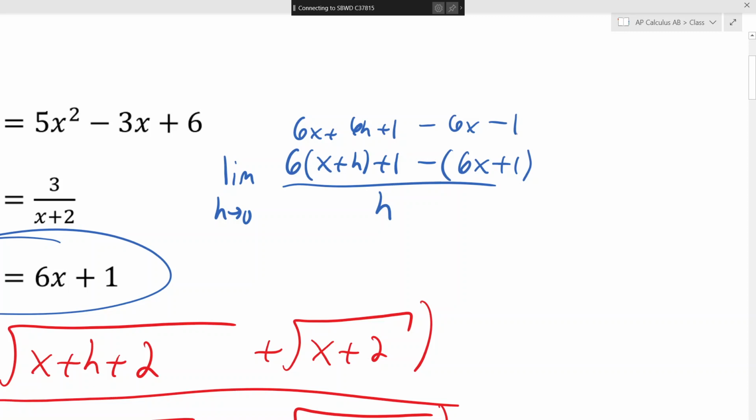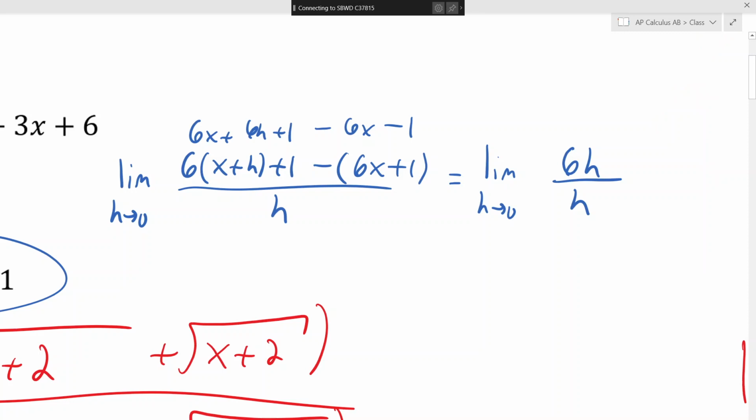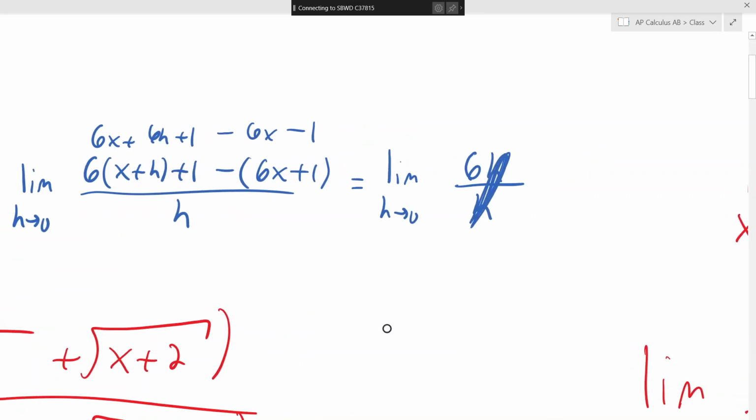That's all that becomes. So this is just the limit as h goes to 0. Look what's left, 6h over h. Those h's cancel out. Goodbye, h's. And the only thing left to plug into is nothing. There's no h's left, so you don't plug in 0 at all. This is just 6, like we expected. Good talk.